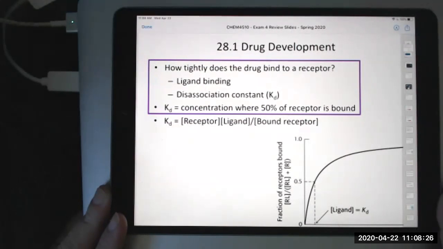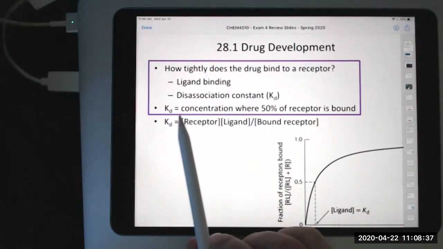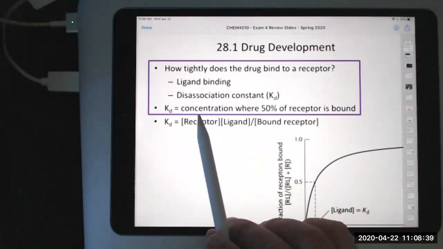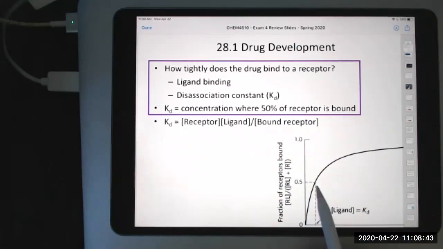Okay. So for the review slides, for drug development, you're going to need to know what KD stands for. It's basically the concentration where 50% of the receptor is bound. It's similar to how we would calculate Km.